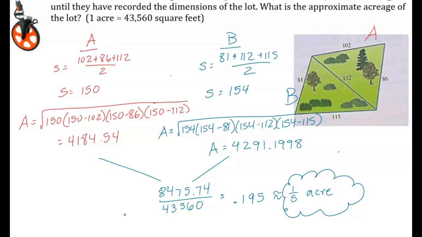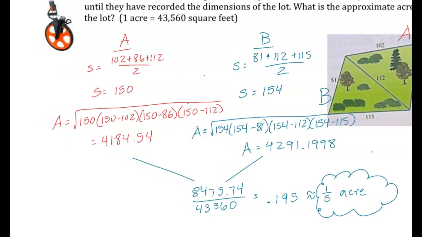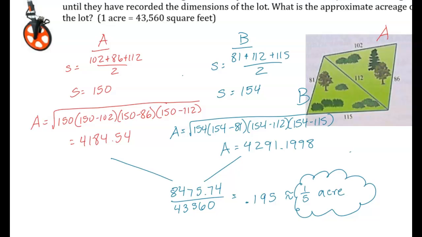What happened to my calculator? It says 1 acre is 43,560 square feet. Did I write it wrong? No, I didn't.